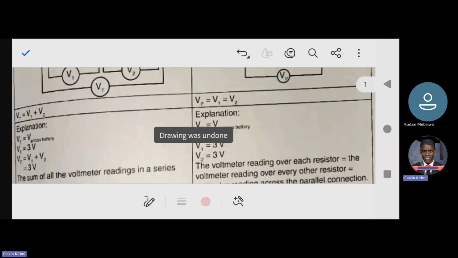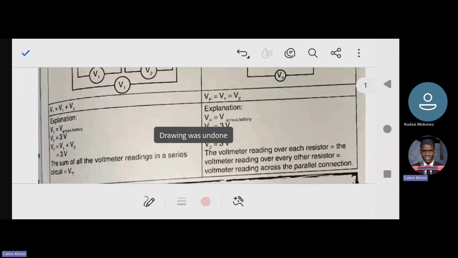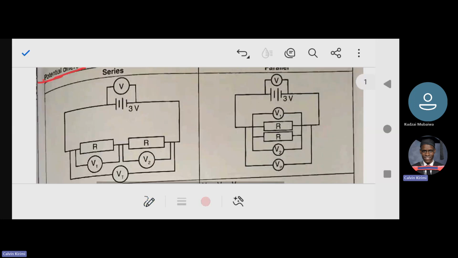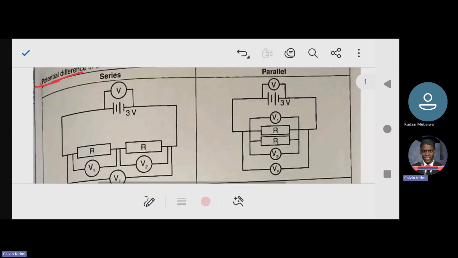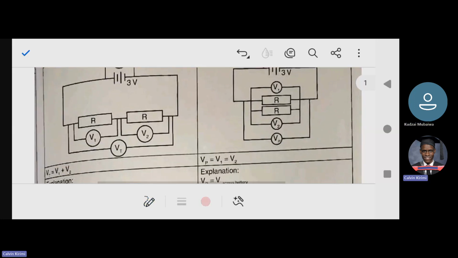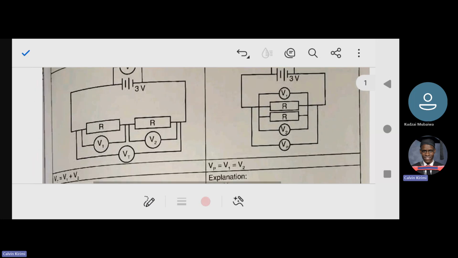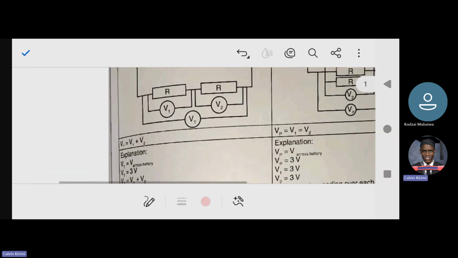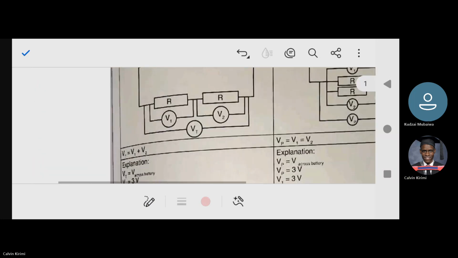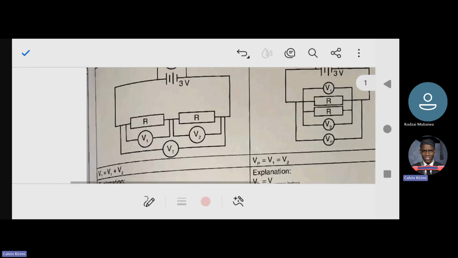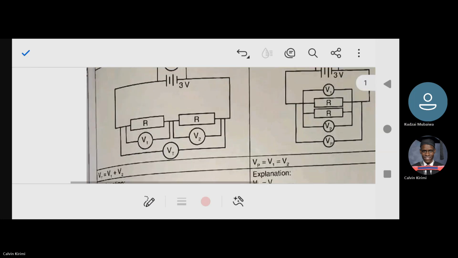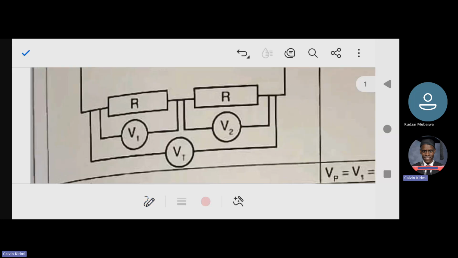All right, so that's why the voltage in parallel across the battery is the same, 3 volts for the parallel side. So everything on the right is 3 volts, 3 volts, 3 volts. What about the one on the left? What will be V1 and what will be V2? What is going to be the value of V1 in our case?